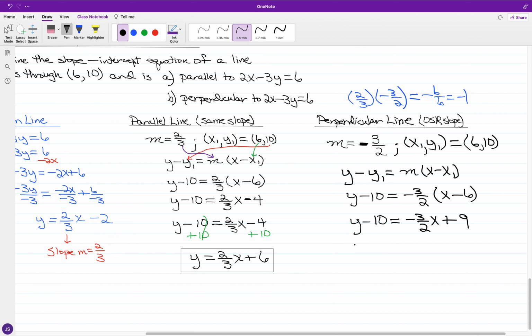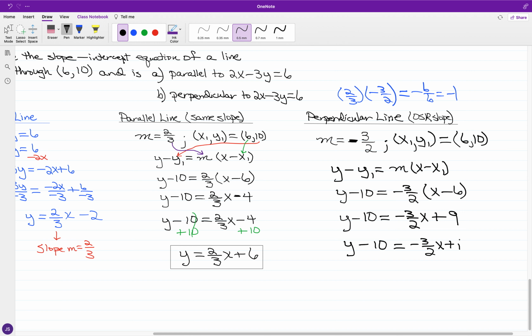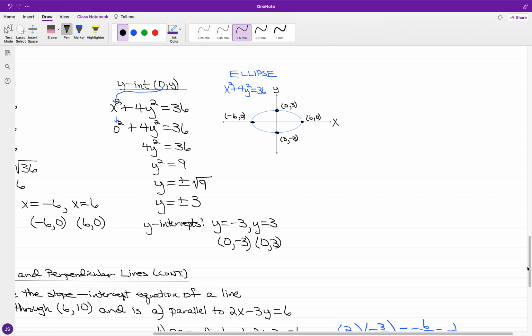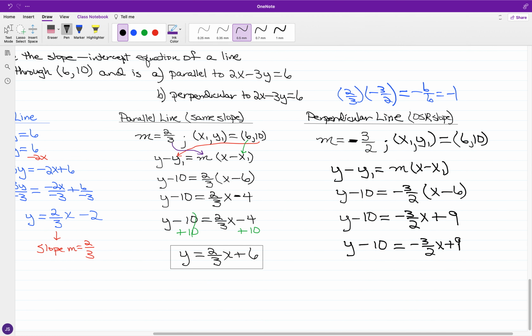And so getting y by itself, if I add 10 to both sides, we have that y is equal to negative 3 halves of x plus 19.